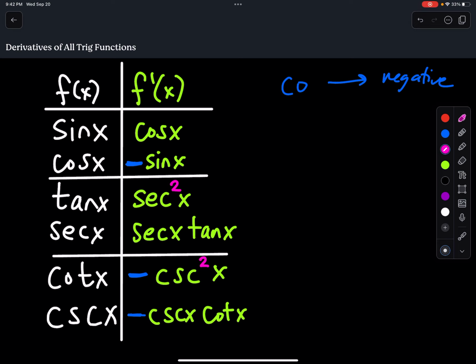Our next observation is anytime you have the derivative of something with a tan, whether it be tangent or cotangent, you'll notice that the result yields a square.